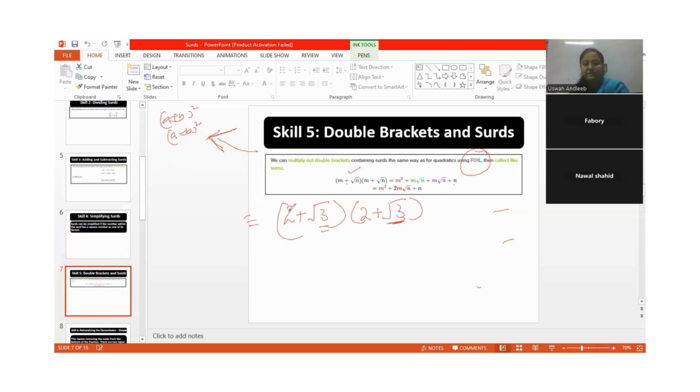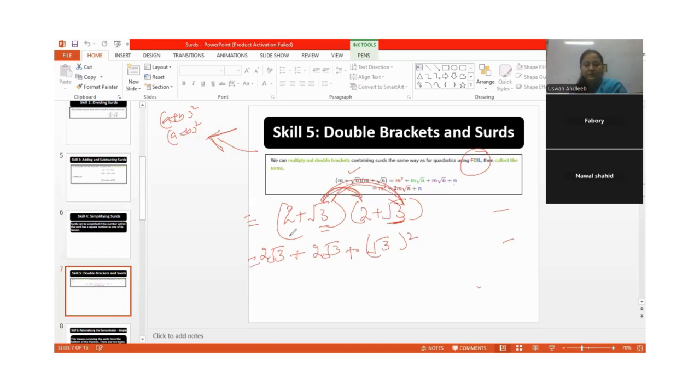Like first, out, this is the outest number. The first out means 2 under root 3 plus in. These are the inner numbers. Multiply the inner numbers, 2 under root 3. L, last. Multiply the last numbers. Okay, so under root 3 square.